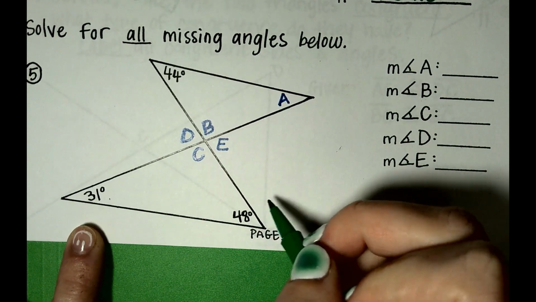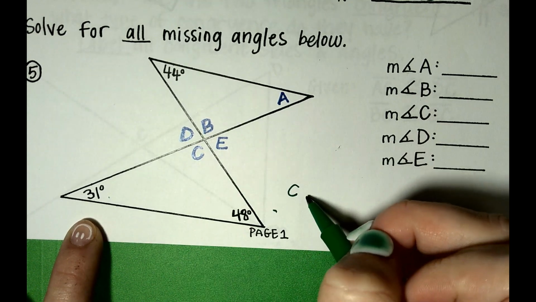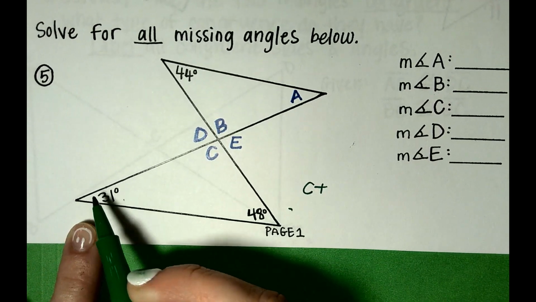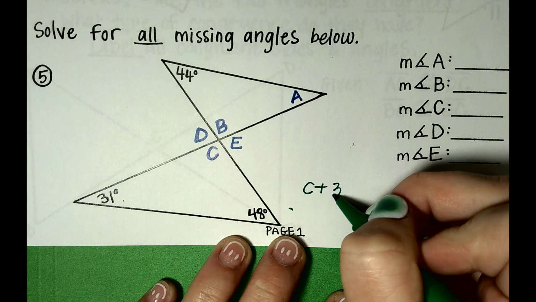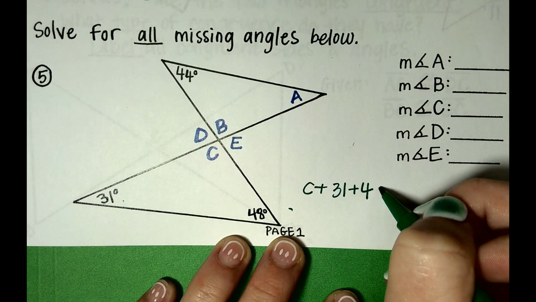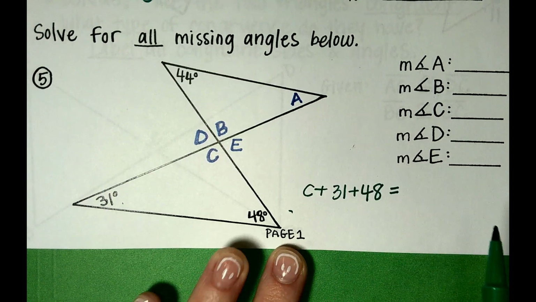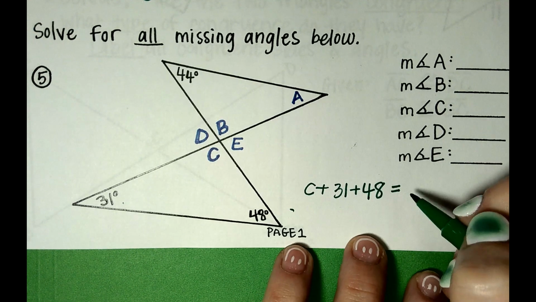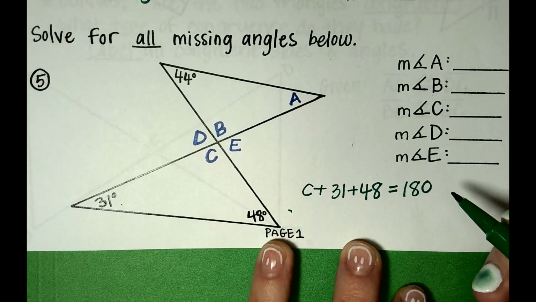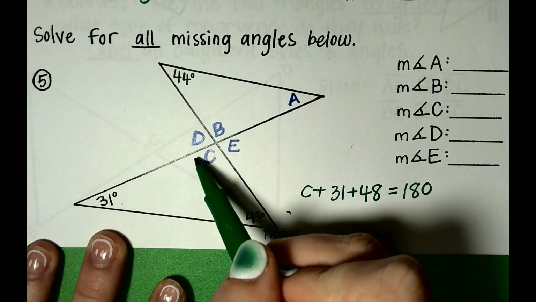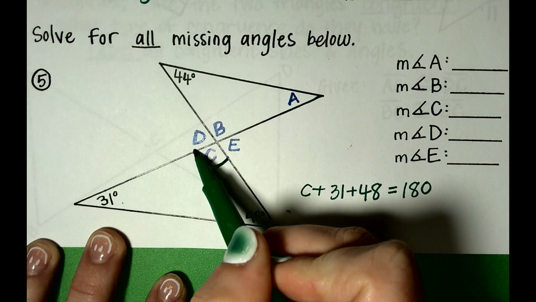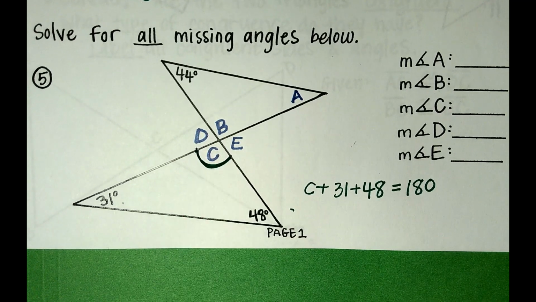I'm going to write C plus 31 plus 48 equals 180, and then I'm going to put an arc here just to help me remember that this is what I'm solving for currently.